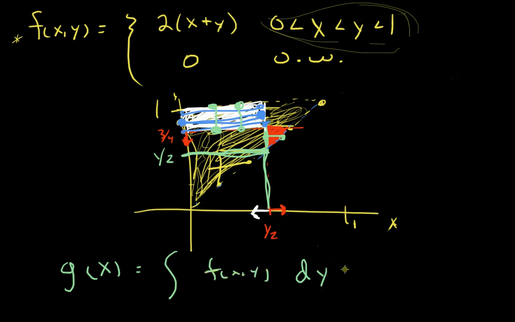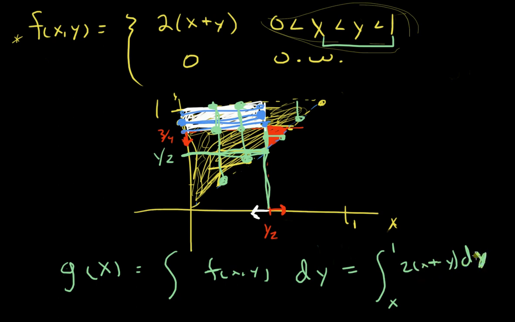What are our bounds for integration? Where does y travel from? Y goes from x to 1. We can also see that on this graph. Y goes up and down, so it travels from x all the way up to 1. So we have the integral from x to 1 of 2x plus y dy.